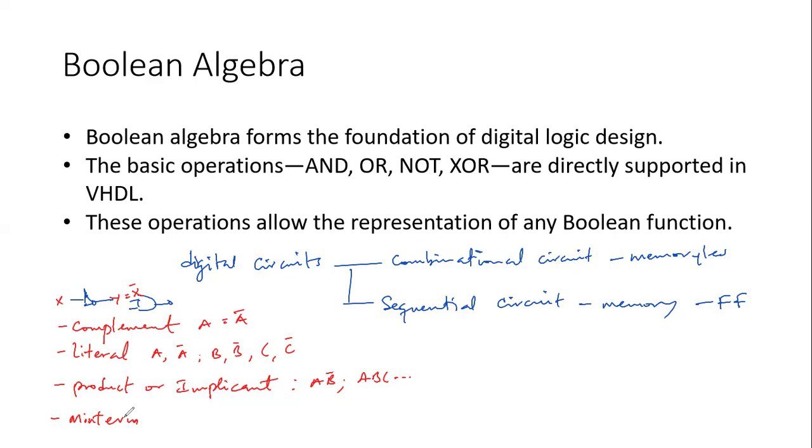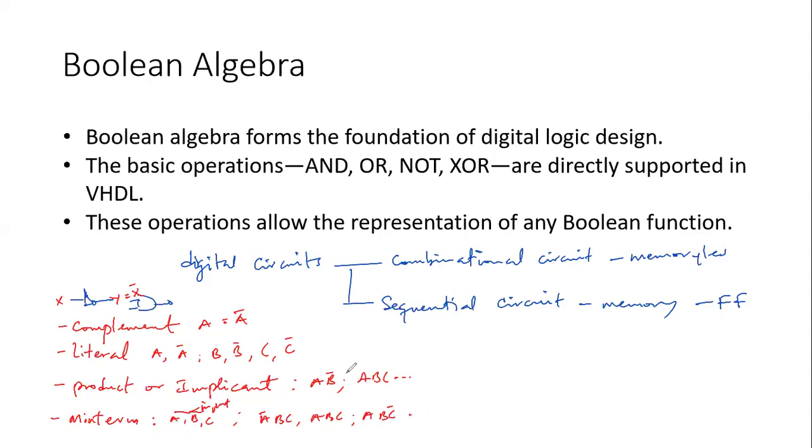In other words, the product involving all the inputs of the function is the minterm. So if we have, say, A, B, C as inputs, the minterm could be A bar B C, it could be A B C, it could be A B C bar, and on and on.